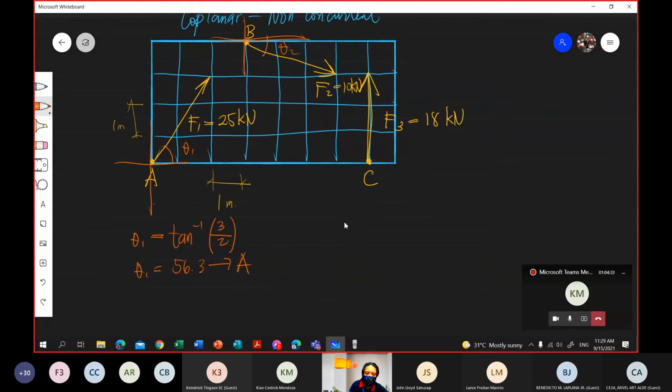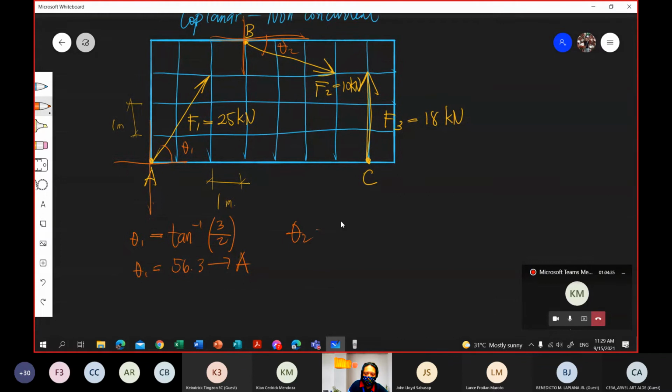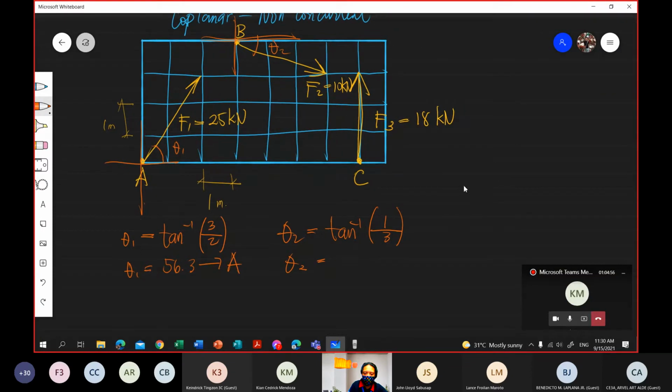Theta 2 is equal to arctangent again. You have a right triangle: opposite, which is 1, over adjacent, which is 3. So arctangent 1/3.